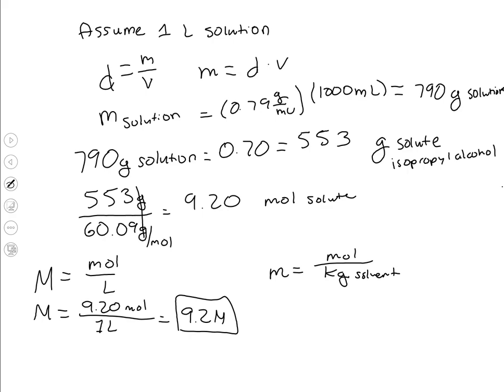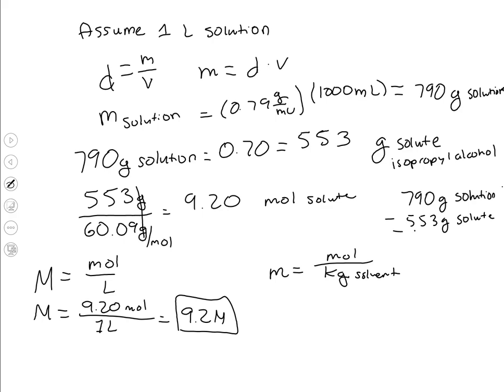Now molality. Mole still goes on top, so that 9.2 still goes on the top, but on the bottom is kilograms of solvent. All right, so think about how can we figure out kilograms of solvent? Good, subtract 553, which is our solute, from 790, which is our total solution. So 790 grams of solution, minus 553 grams was the solute.